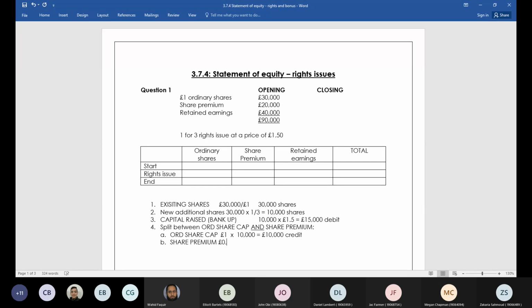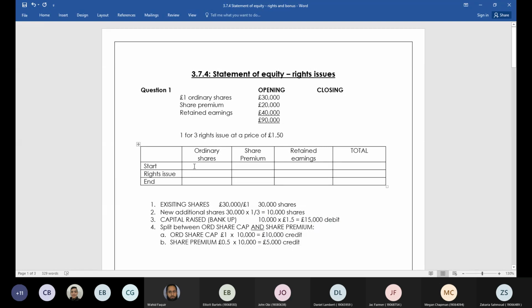By 50p. And for those that are interested, you should be, that is a credit. Got a debit of 15,000 and a total credit of 15,000 as well.